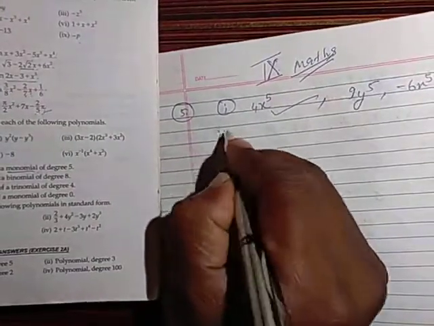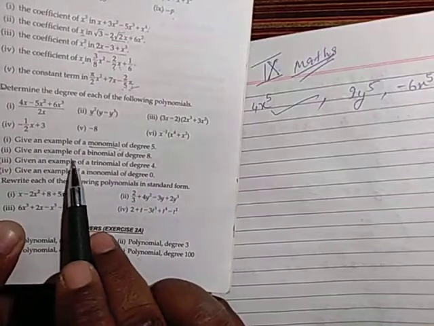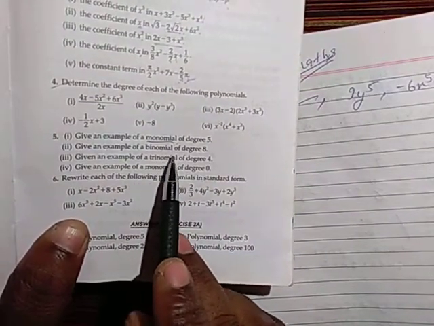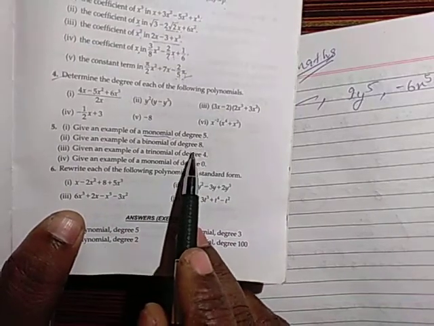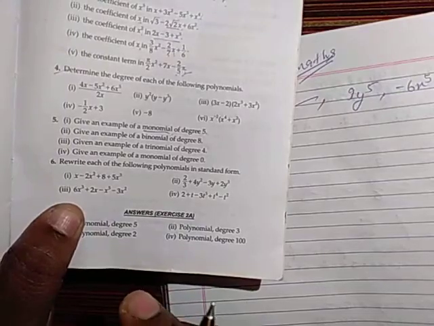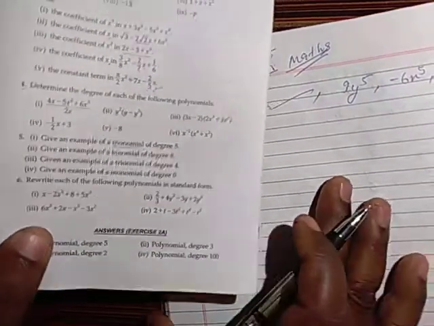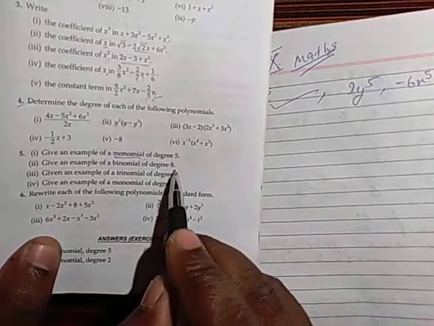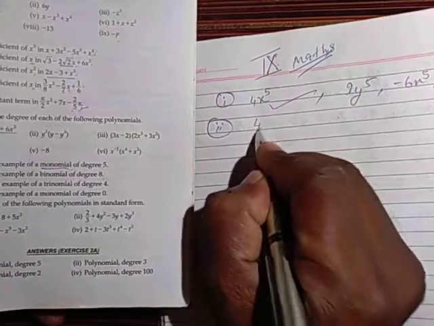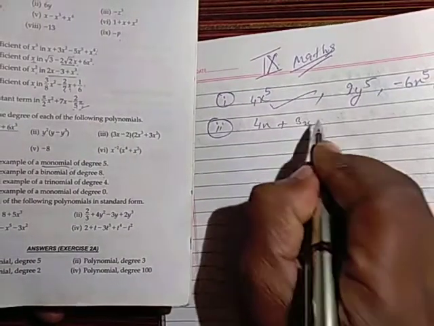Now, second number: give an example of a binomial of degree 8. Bi means 2, and nomial means terms. A polynomial which has 2 terms and whose degree is 8. Here I am writing 4x plus 3x.